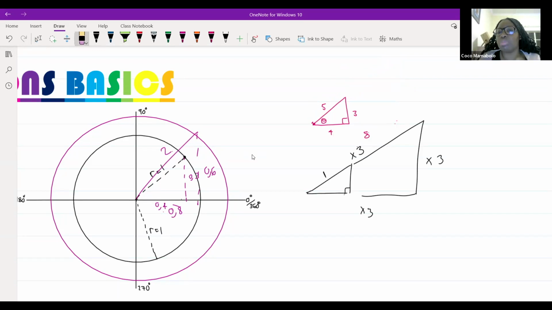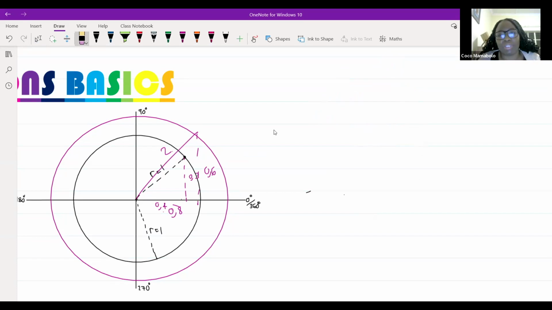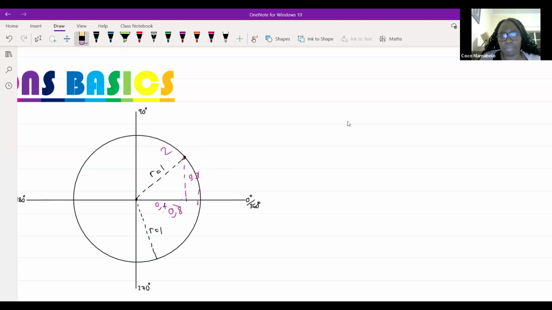Because then we'll just multiply by whatever value, or we can also divide by whatever value, because that value would be valid on all sides. And it just makes it easier for us to remember the ratio of each of the sides. Okay, cool. All right, so I know this. Now, here's the problem that I'm also going to have.